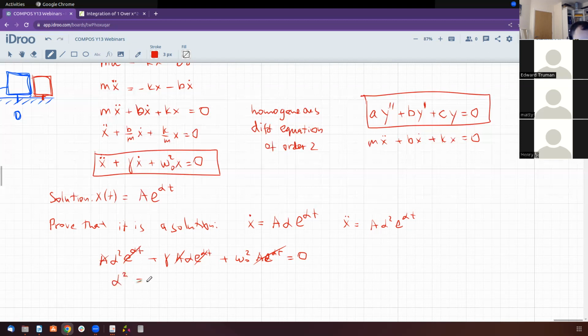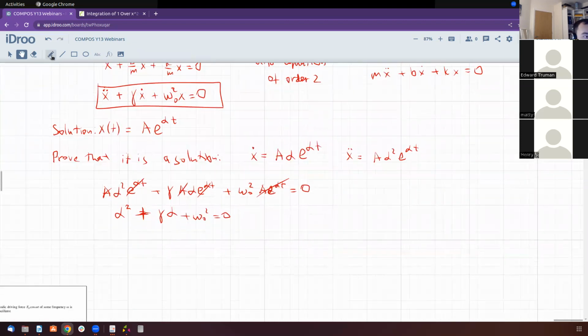Alpha squared plus gamma alpha plus omega 0 squared is 0, which is a quadratic equation in terms of alpha.